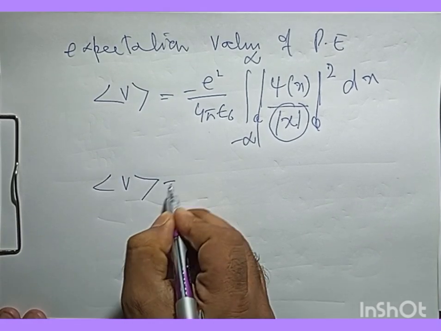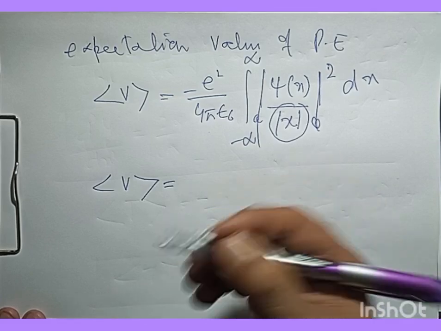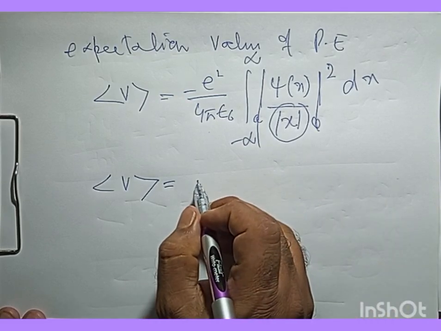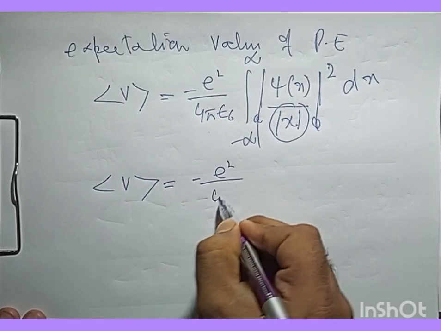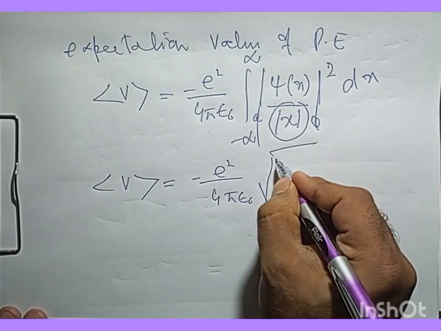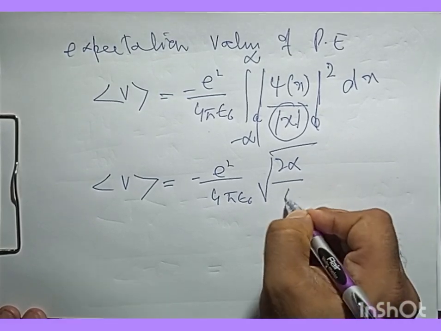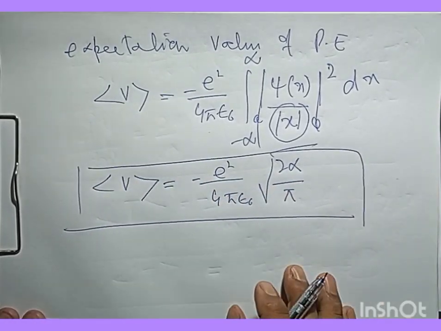On evaluating this integral, using the same approach and the value of the integral directly, we will have minus e square by 4 pi epsilon naught, times the square root of 2 alpha by pi. So this is our expectation value of potential energy.